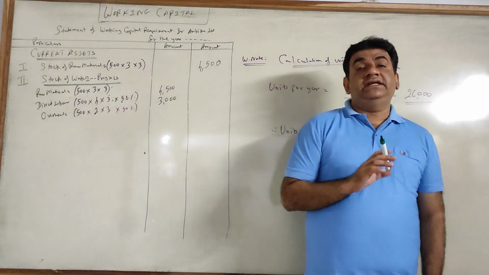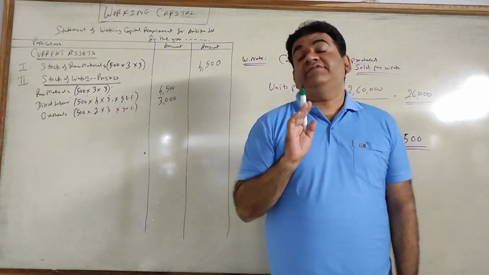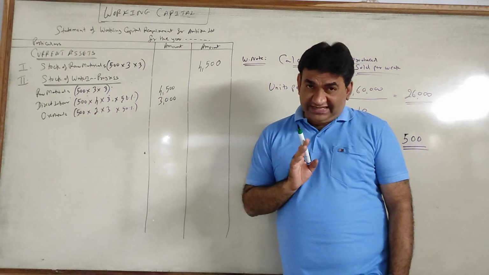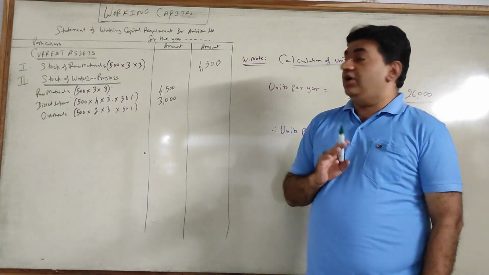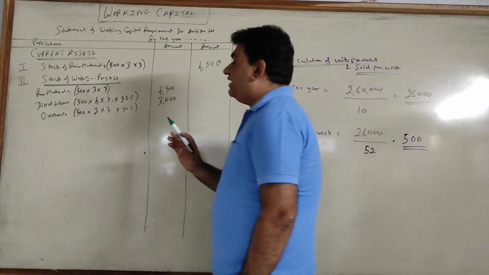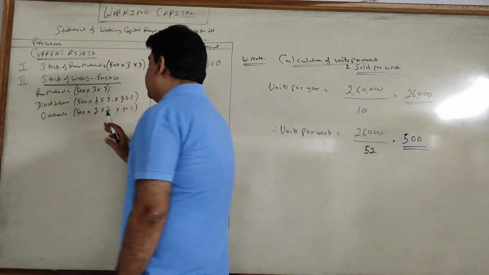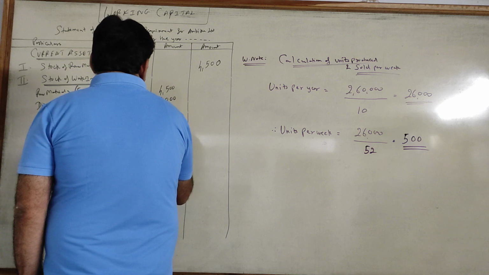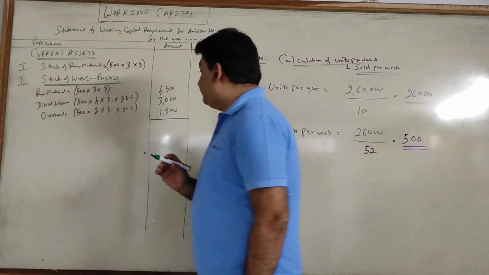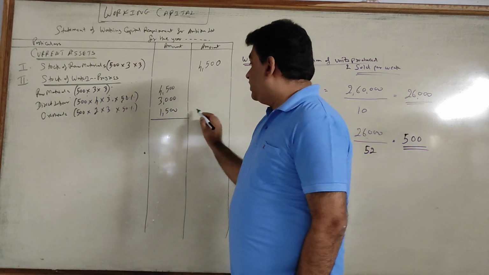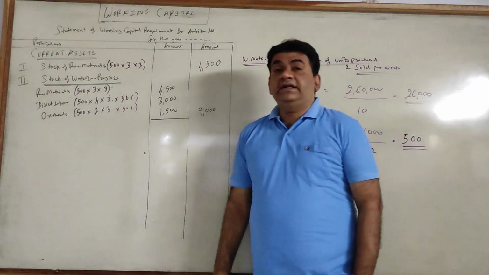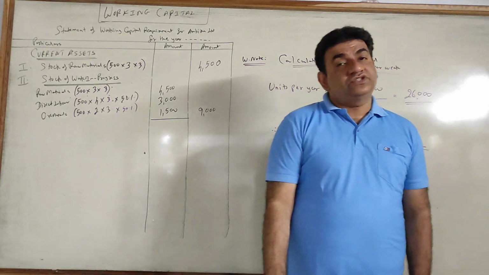Why 50%? As I told you, if nothing is given, it is assumed that the stock of work in progress is completed to the extent of 50%. So 500 into 2 is 1000, into 3 is 3000, into 50% is 1500. So 4.5, you get the answer as 9000.